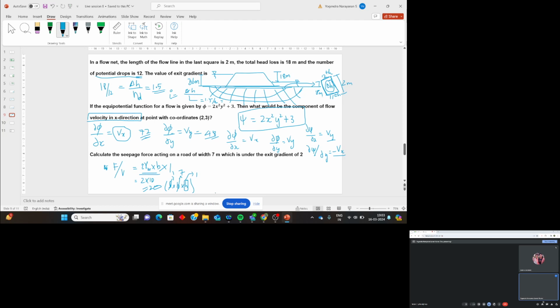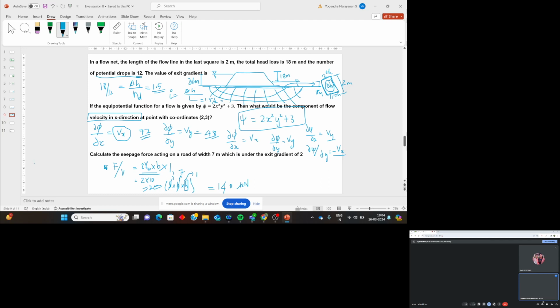Now you just calculate. It will be 140 meter cube. Force unit is Newton or kilonewton. Yes, sir. Kilonewtons.